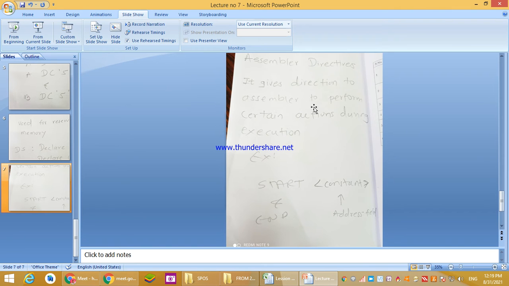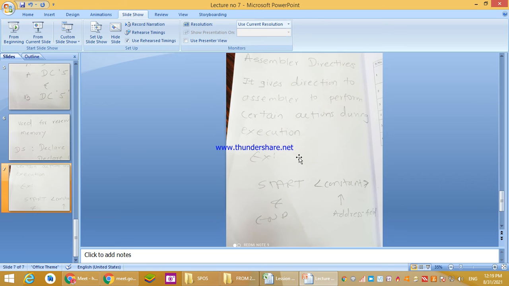It gives direction to the assembler to perform certain actions during execution. Have you understood? Assembler directives are special directives used to provide direction to the assembler to perform certain actions during execution.